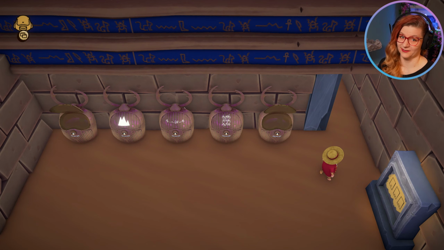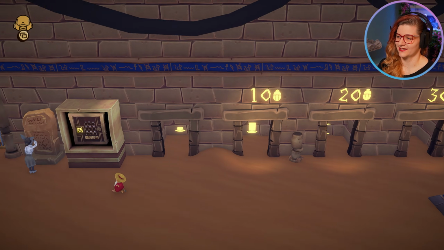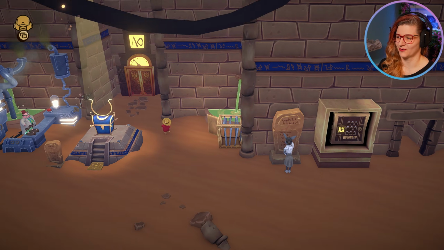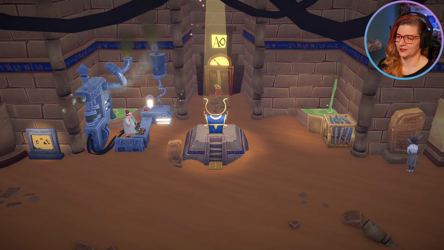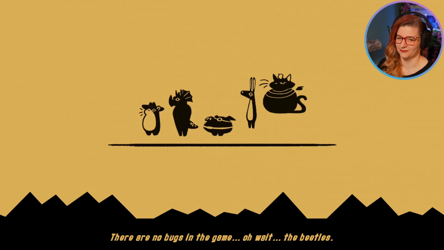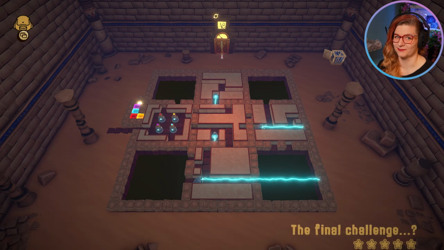So that's the beetles. And now what we got is what it said was the final challenge, but I don't believe it's the final challenge, right? Because the A8, it says the final challenge, question mark. And it's 5 stars difficulty, but on the clue we got about difficulty, it said it went up to 6 stars, and there wasn't a 6-star difficulty puzzle yet, so, you know, there is more.